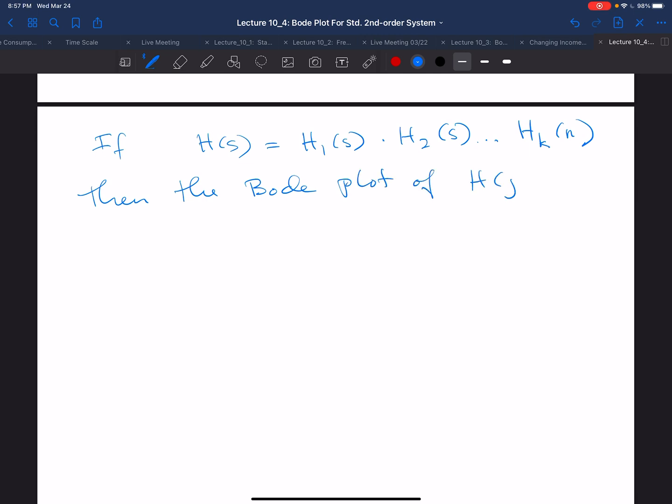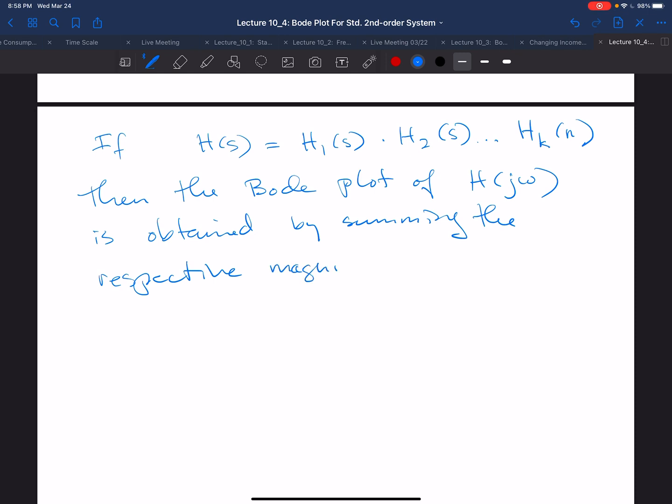And the Bode plot of its frequency response, H of j omega, is simply obtained by summing the respective magnitude and phase curves for the simple factors. We showed this earlier.